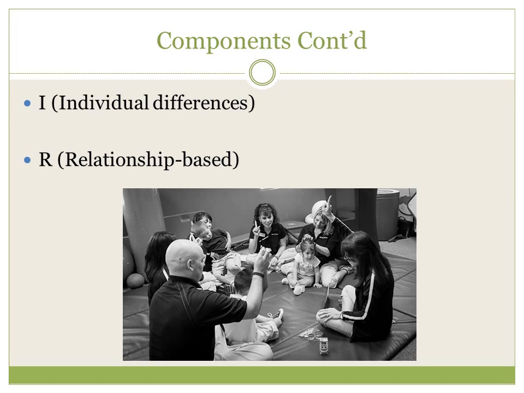The last component is relationship-based. This describes the learning relationships the child has with his or her caregivers, educators, other professionals, and peers, all of which help the child to master the developmental milestones.